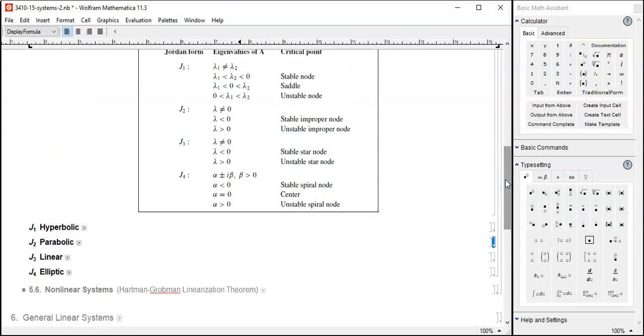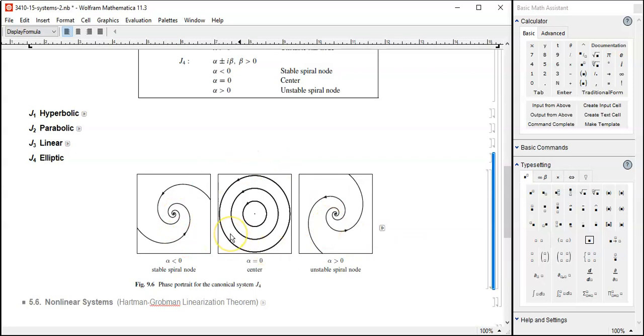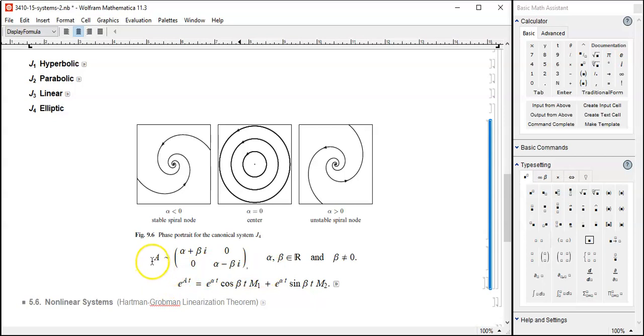The final case is elliptic. We have rotations, and that's given by complex eigenvalues. The eigenvalues are alpha plus beta i, alpha minus beta i.